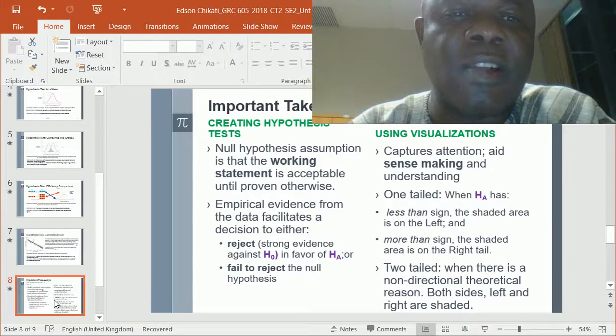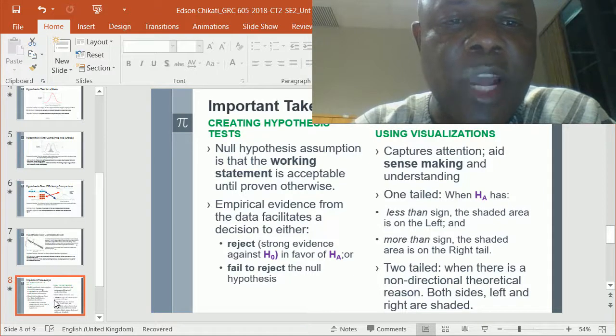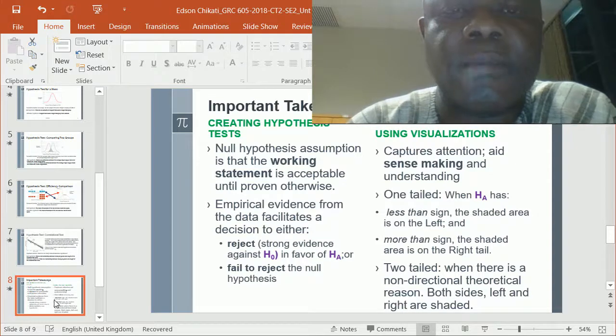The decision, therefore, is we will fail to reject the null hypothesis, which means, in other words, we accept the null hypothesis and reject the alternative hypothesis.